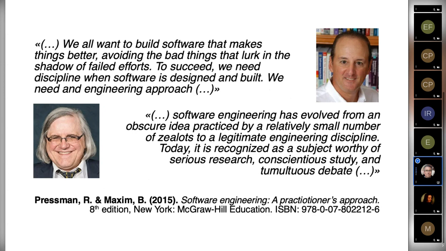I want to stay with these two main ideas because they are really interesting. The first one says that we all want to build software that makes things better, avoiding the bad things that lurk in the shadow of failed efforts. And to succeed, we need discipline when software is designed and built. We need an engineering approach. I invite you to read this quote in the opposite direction, because the most important thing in software engineering is precisely the approach.